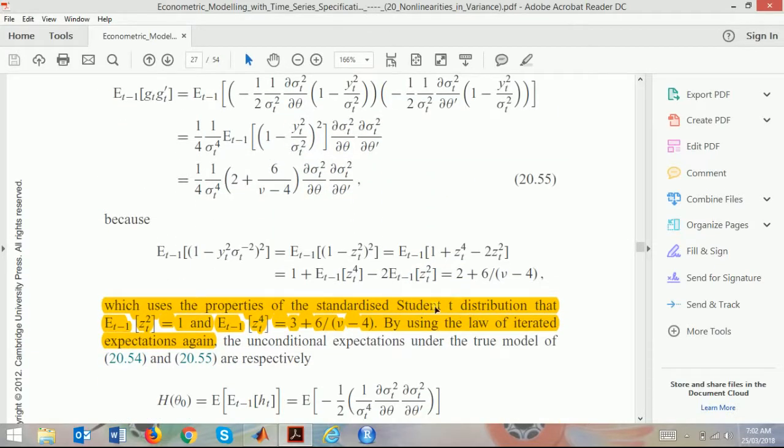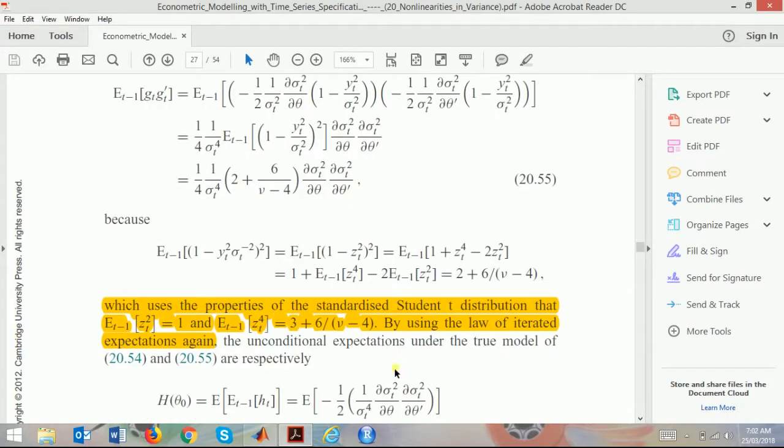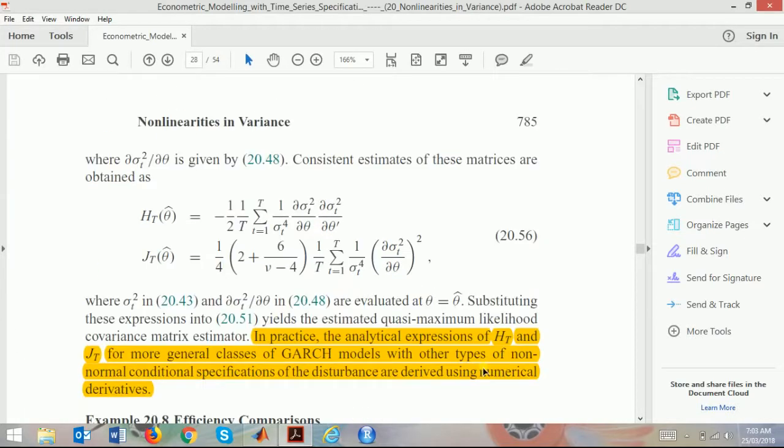Now, when we take a higher order differentiation in our gradient matrix, our mean is 1 and variance is 3 plus 6 over tau minus 4, using the law of iterated expectations, which is the t distribution. Basically, at higher orders, our specified model gives us results similar to the t distribution.